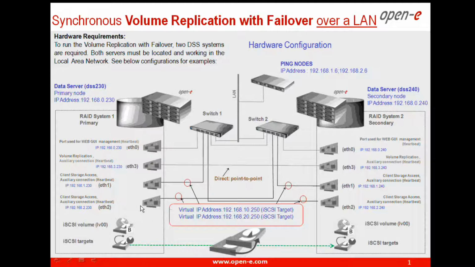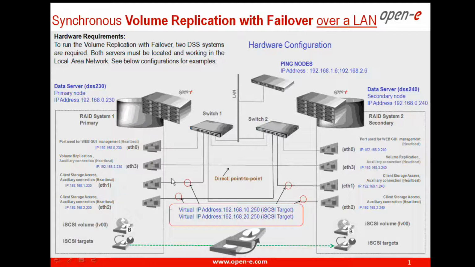in the case when we want to be sure that the network has access to our storage, because the iSCSI failover storage is accessed over the virtual IP. So that's these two virtual IPs, and the real IPs are 192.168.1.230 and 2.230, and in these subnets we must have the ping node.